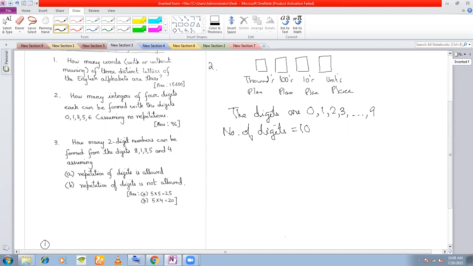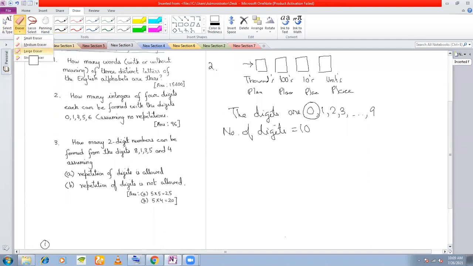How will you put? In the thousands place, in how many ways can you put the digits? See, 0 you cannot put it here because it will become a 3-digit number, right?